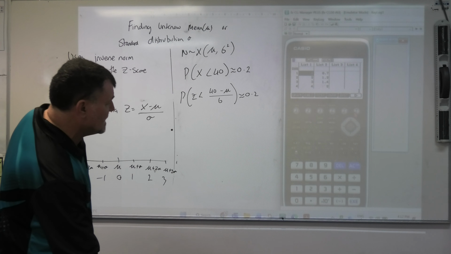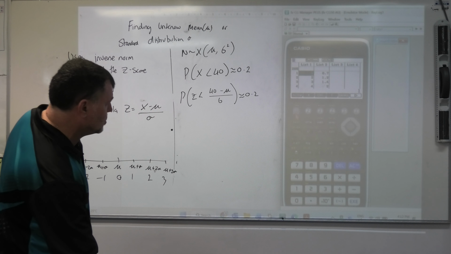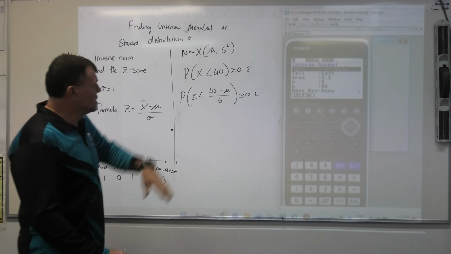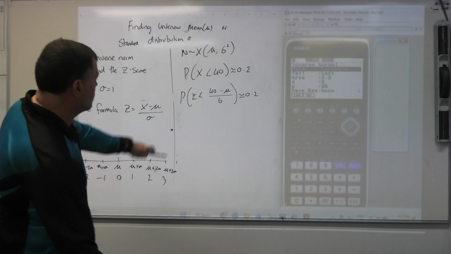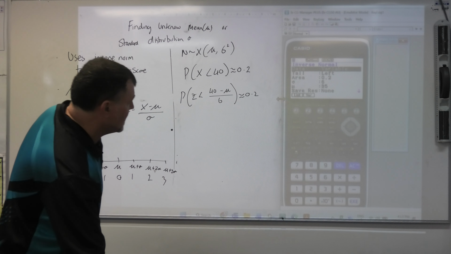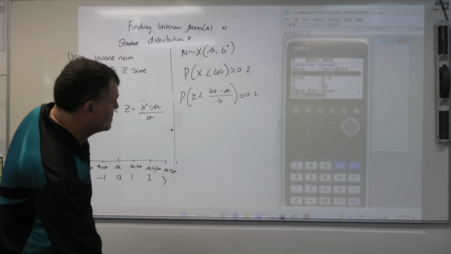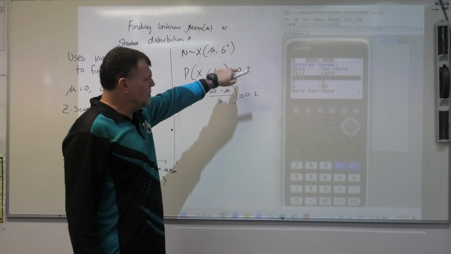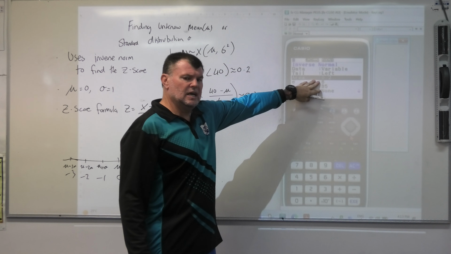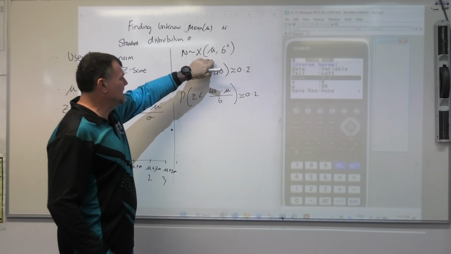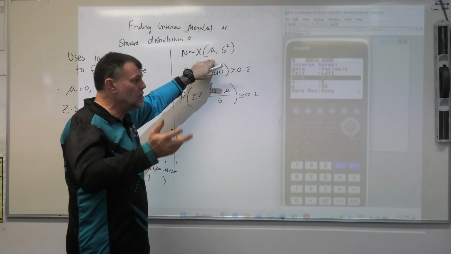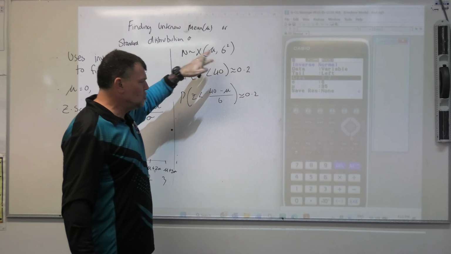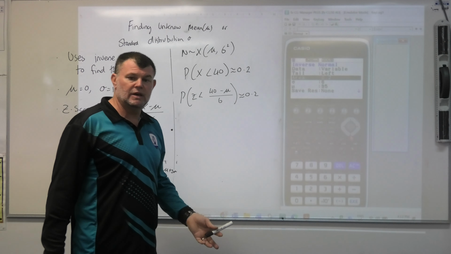Now let's go back into your calculator. We're in statistics. Remember, it's distributions, normal, inverse norm. We're going to plug all this information in. We know it's a left tail because it's pointing to the left. We know it has an area of 0.2. It has a deviation of 6, but I don't want to put 6 in here because I don't know what my mean is. It doesn't matter if you're missing the mean, or the deviation, or both of them: if one of them is missing, you must use 0 and 1 for your mean and deviation.